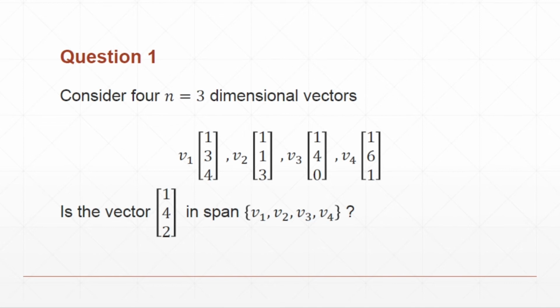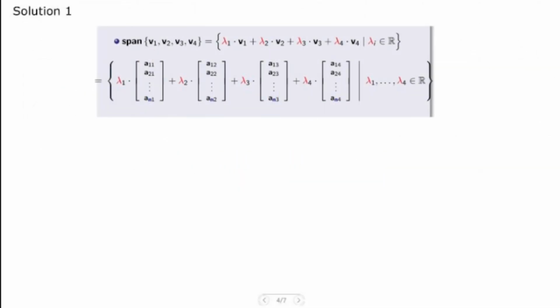If you're trying to solve this particular question, I just wrote it down here again. We just saw that our question is spanning 4 vectors. By definition, it looks something like this: lambda 1 times v1, lambda 2 times v2, lambda 3 times v3, lambda 4 times v4.